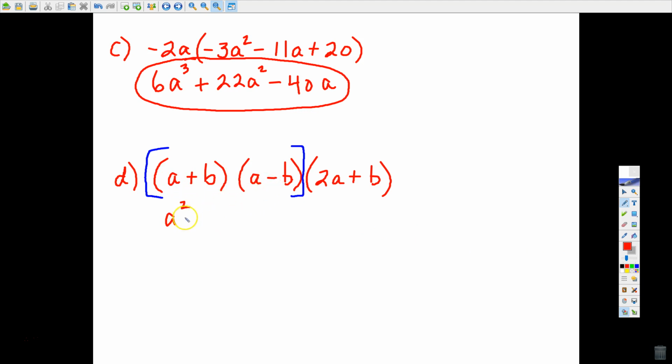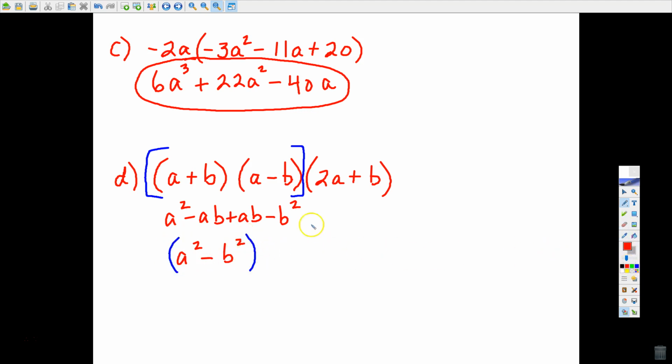I'm going to get minus ab plus ab. It's first, outer, inner, and then I'm going to get minus b squared. Obviously, these two ab terms are going to cancel each other, so I'm left with a squared minus b squared. When I put those first two together, that's my result.